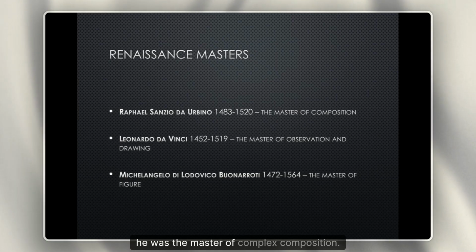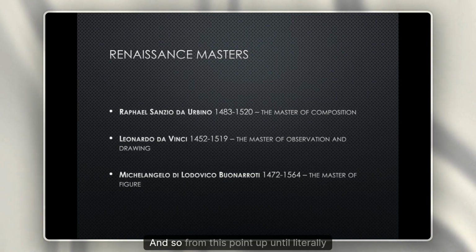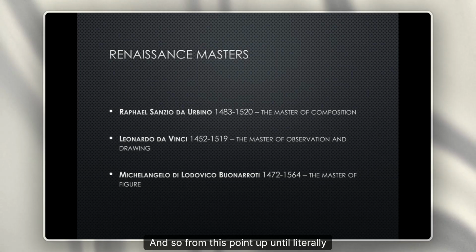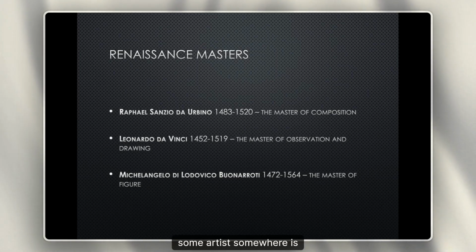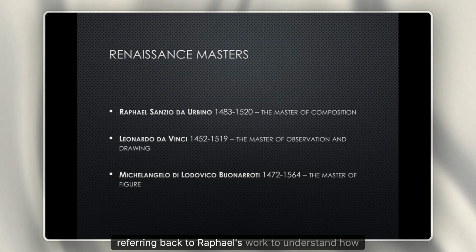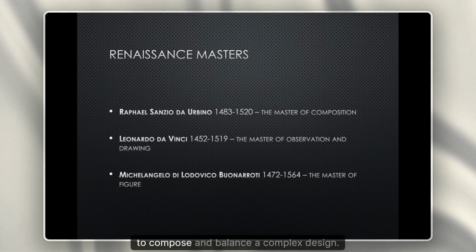He was the master of complex composition. And so from this point up until literally today, a half an hour ago, some artist somewhere is referring back to Raphael's work to understand how to compose and balance a complex design.